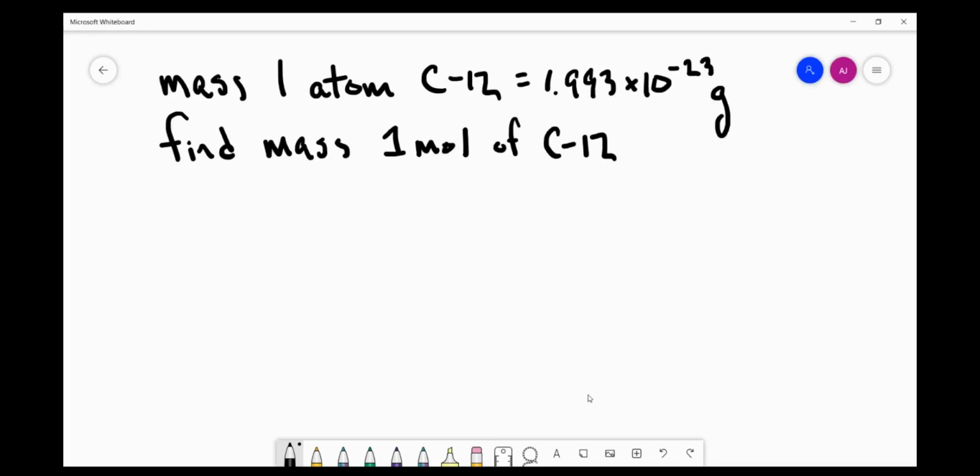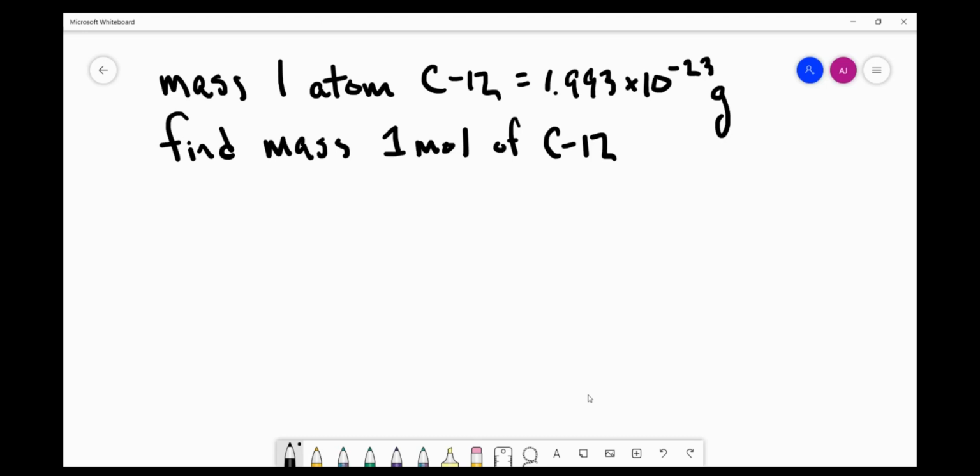I've written the given information already. The mass of one atom, 1.993 times 10 to the negative 23 grams. And our task here is to find the mass of 1 mole of carbon-12. The math that's involved in chemistry is all based upon ratios, which should not be surprising because atoms and molecules all react based upon ratios.